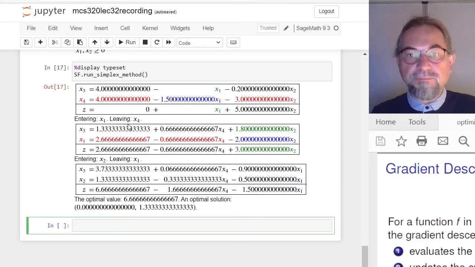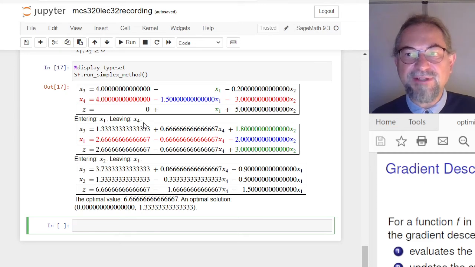So we go from 0, 0. We are deciding to put in x2 because x2 has a higher coefficient. So if we are maximizing, we're optimizing the profit. X1 actually goes in, and the variable that leaves is actually the x4.